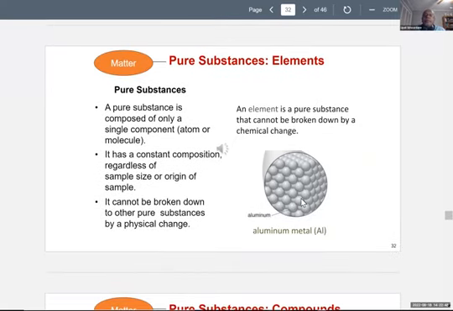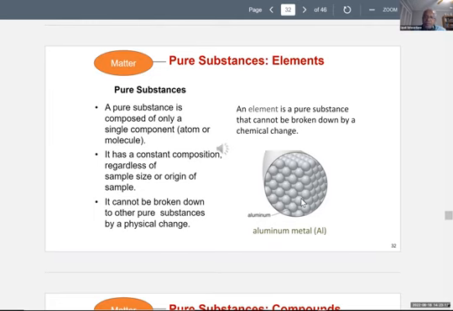As I told you before, substances we call pure substances. One of them is elements, which are made out of one kind of atom. The atomic symbol for aluminum is Al. A sample that contains only this pure substance of aluminum has constant composition because there's only one kind of atom.